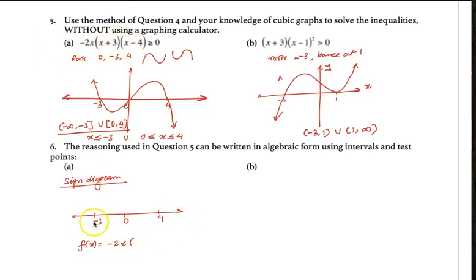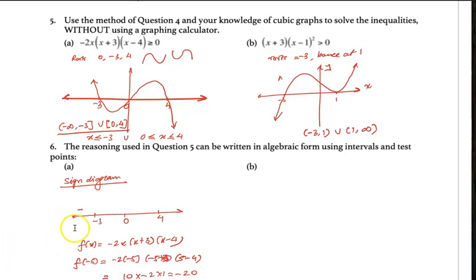Now you take a test value. What test value do you take before -3? -5. So f(-5) will be -2 times -5 times (-5 + 3) times (-5 - 4).